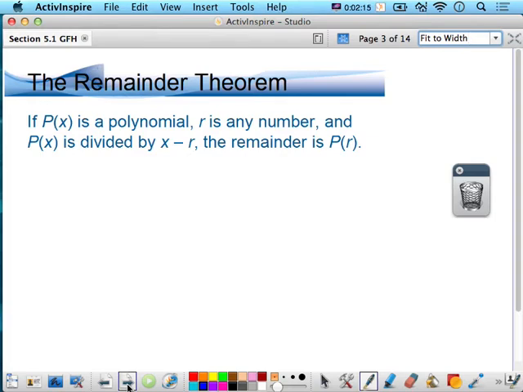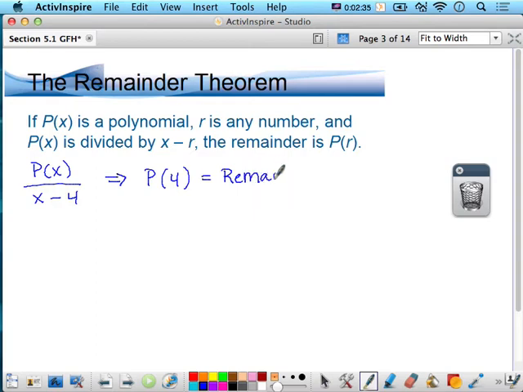So for example, let's say we take p of x and we divide it by x minus 4. Then that means that if I find p of positive 4, just using function notation and substitute 4 in the place of x, that has to equal the remainder of that division problem that I just worked out.